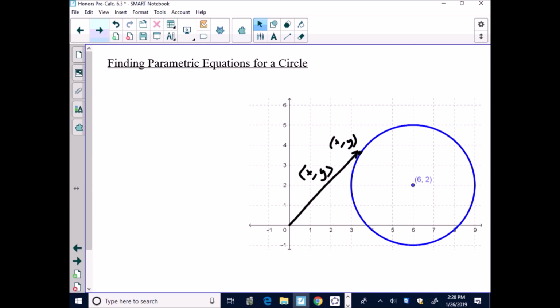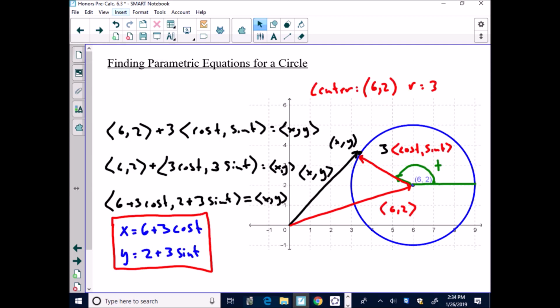All right, guys, so looking at this, we extend our vector in standard representation to the center of the circle, 6, 2.